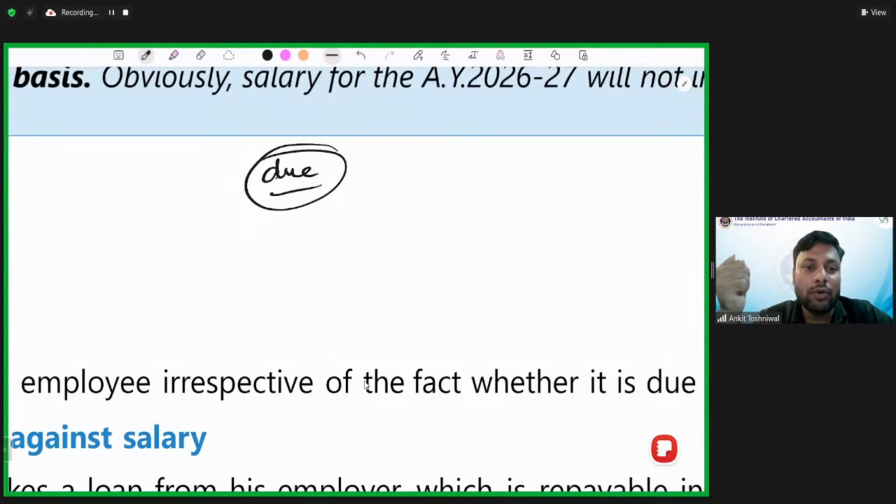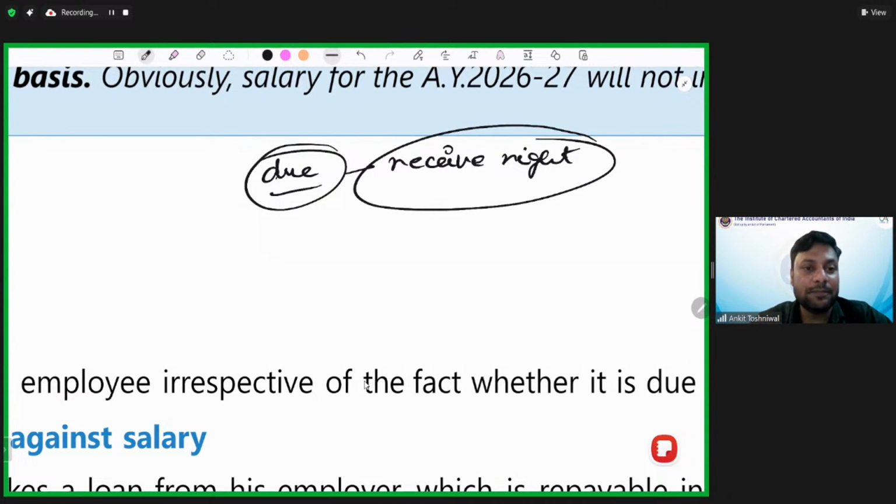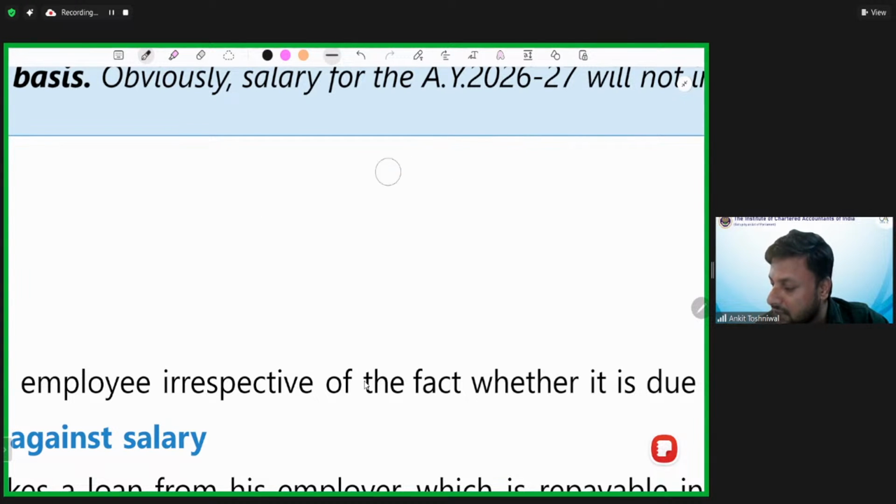But due means the employee has received the right to receive that salary. That is due. Now, what is the arrear of salary? If it is outstanding, it means it is already due and it will be taxed on the due basis.